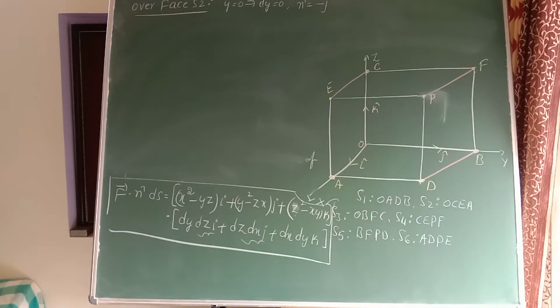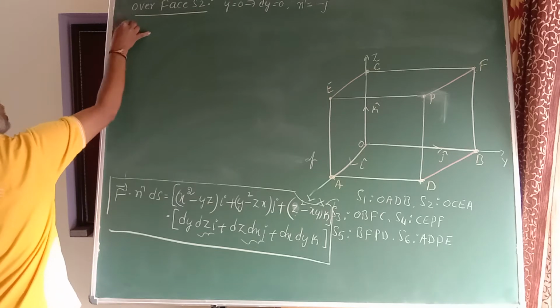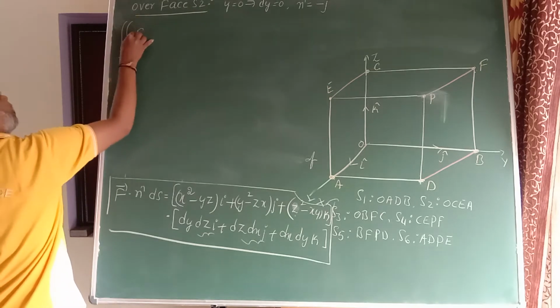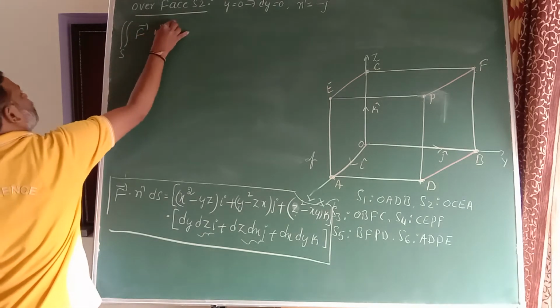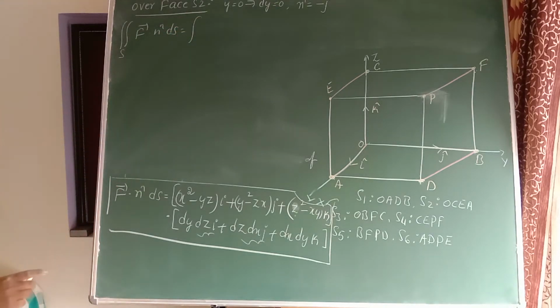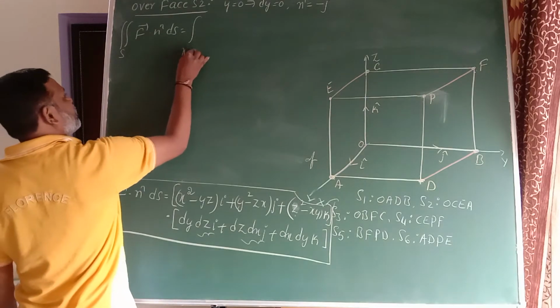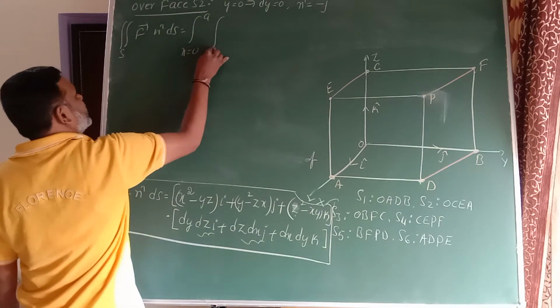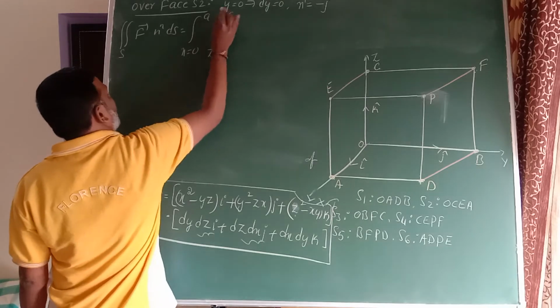Now how to do this one? This is a very big problem and also very easy. This becomes a double integral over S of F dot n cap into ds. Understand this? Only two coordinates remain because y is 0. Therefore the remaining are x and z. So x varies from 0 to a, z varies from 0 to c. Am I right?